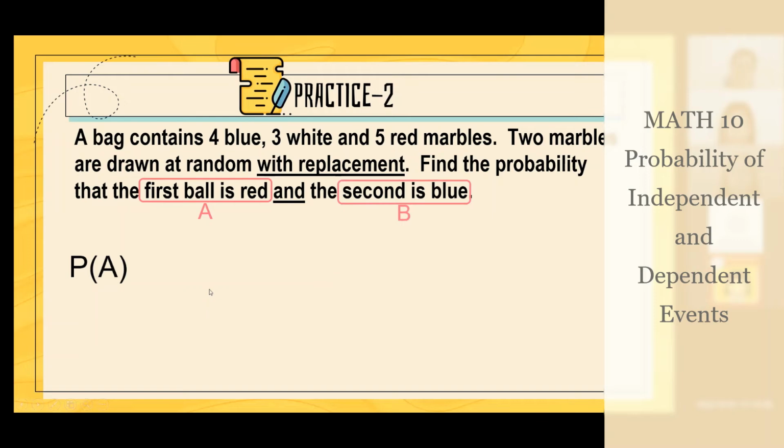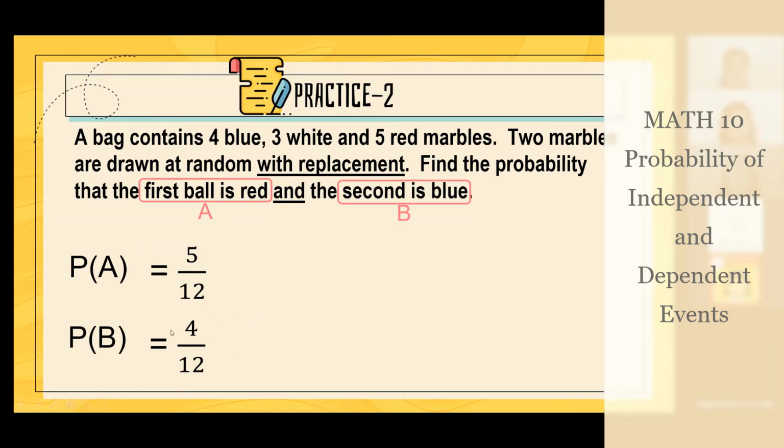Probability of A: how many red? There are 5 red, so that's 5/12. Now, probability of blue, that's 4/12. Okay? So these are the fractions that Maxine said. Very good, 5/12 and 4/12.